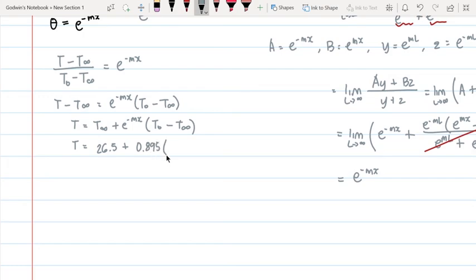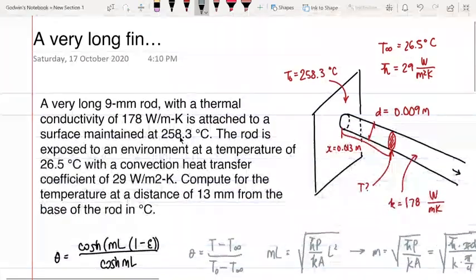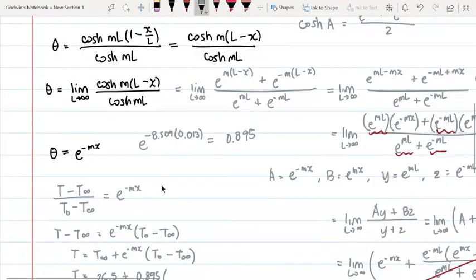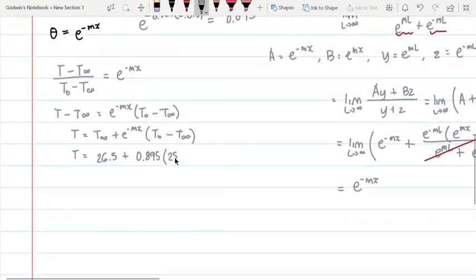All right, 0.895. And then this is, what's T0? T0 is 258.3 minus 26.5. Let me just enter that in my calculator. That's close enough, right? 26.5 plus 0.895 times 258.3 minus 26.5.